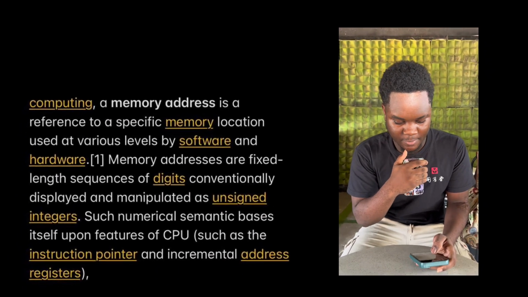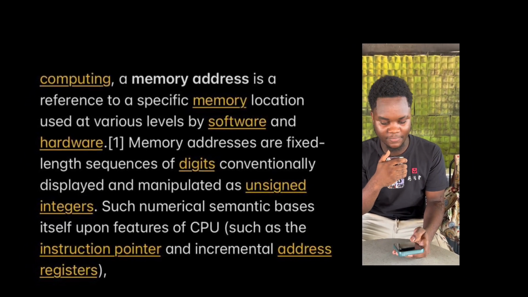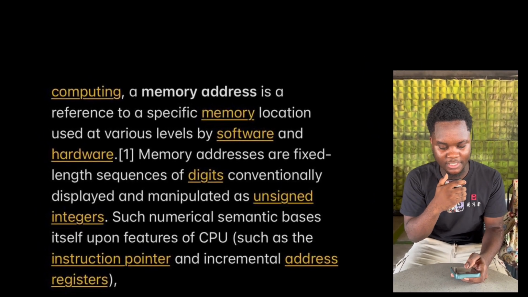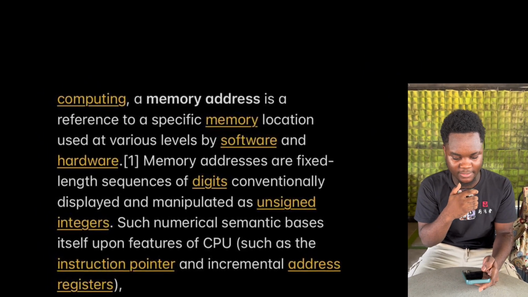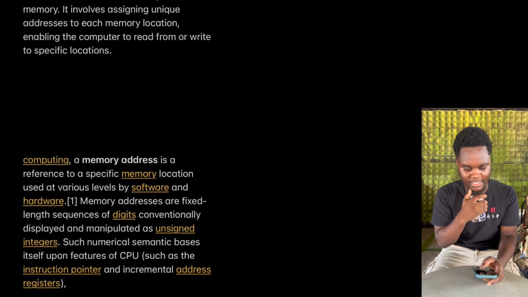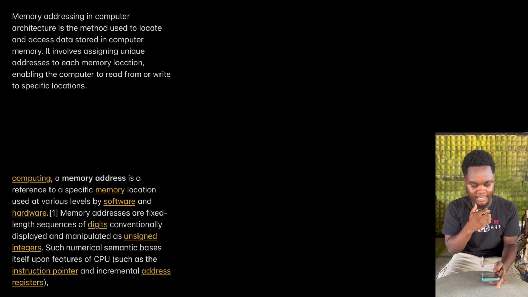Memory address is a reference to a specific memory location used at various levels by software and hardware. Memory addresses are fixed-length sequences of digits, conventionally displayed and manipulated as unsigned integers.